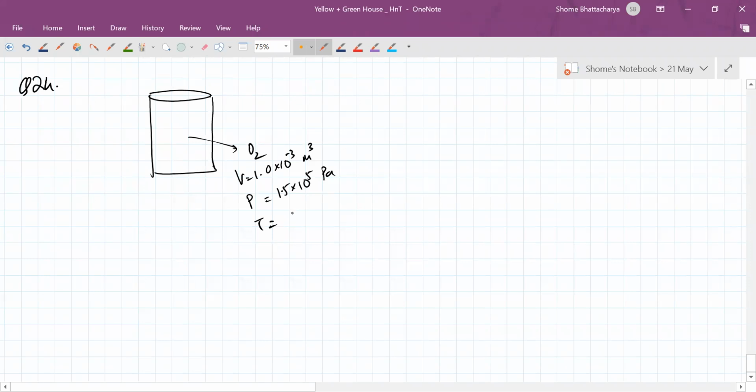Sorry, temperature of 400 Kelvin. Whereas the surrounding atmospheric pressure is this much, and the surrounding temperature is 300 Kelvin.